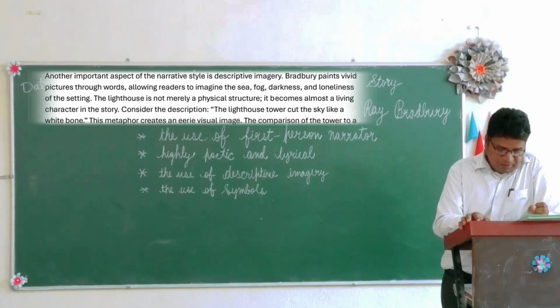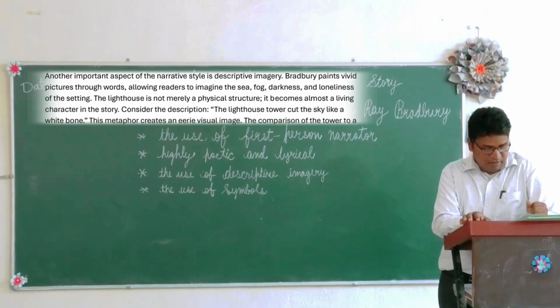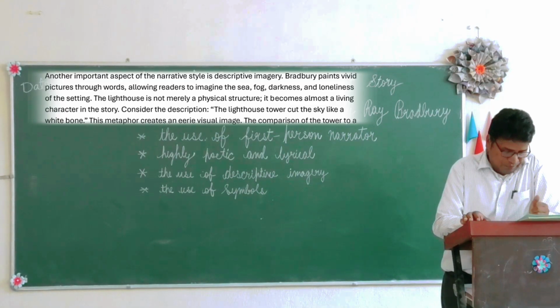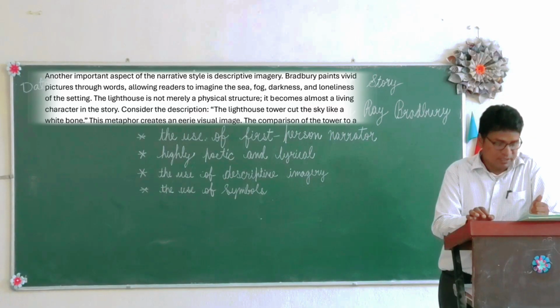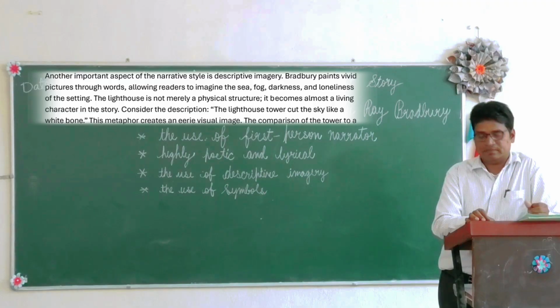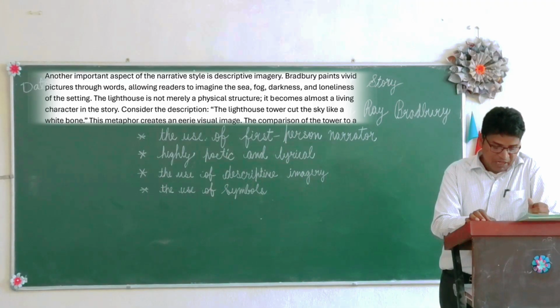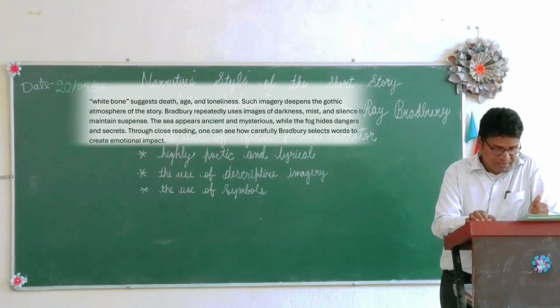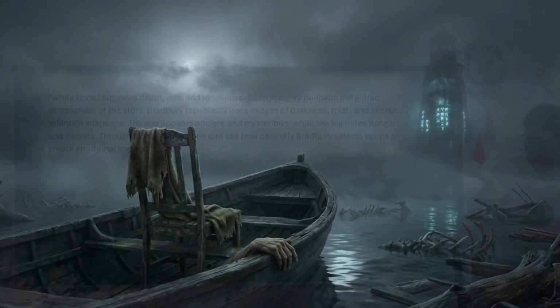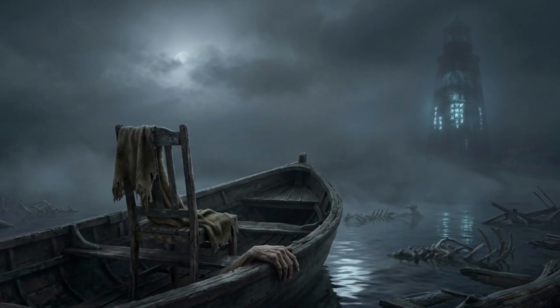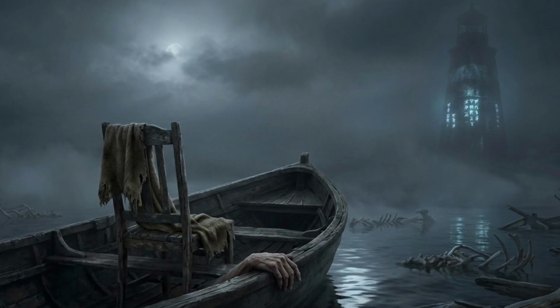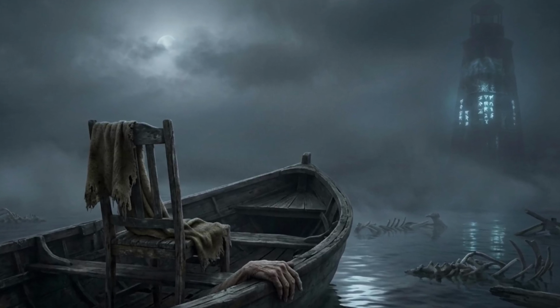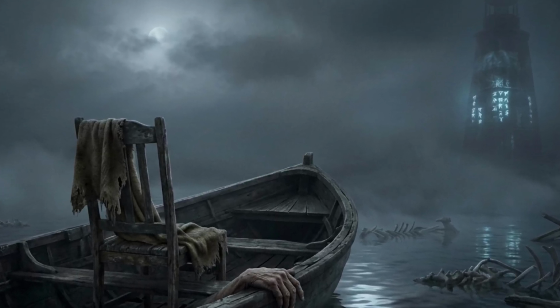This metaphor creates an eerie visual image. The comparison of the tower to a white bone suggests death, age, and loneliness. Such imagery deepens the Gothic atmosphere of the story.